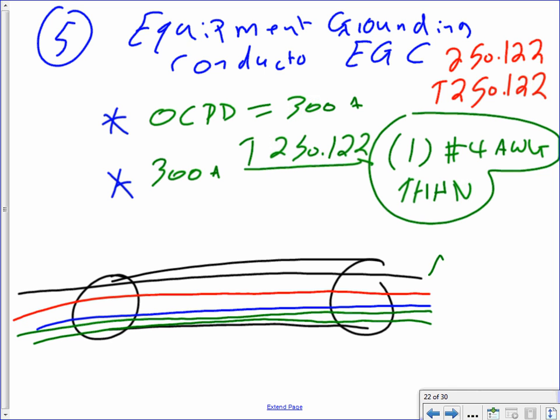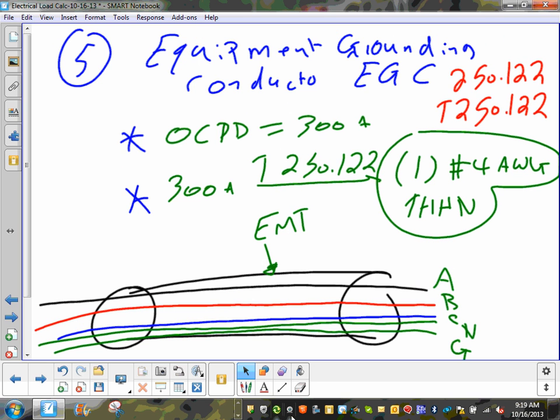So this will be phase A, phase B, phase C, neutral, and ground, all in one conduit. What type of conduit do you guys want to make it? EMT. What size conduit EMT? You guys want to be sizing it, right? I'm going to size it only for this calculation, then let you go on that.